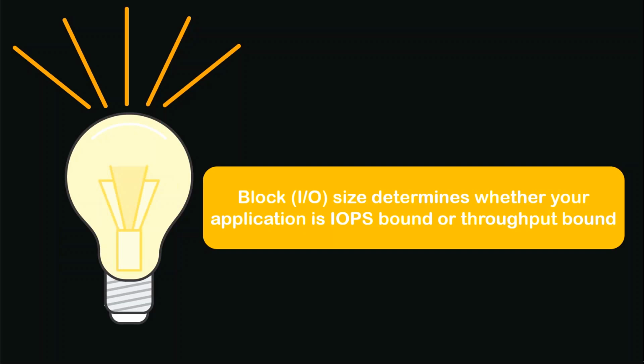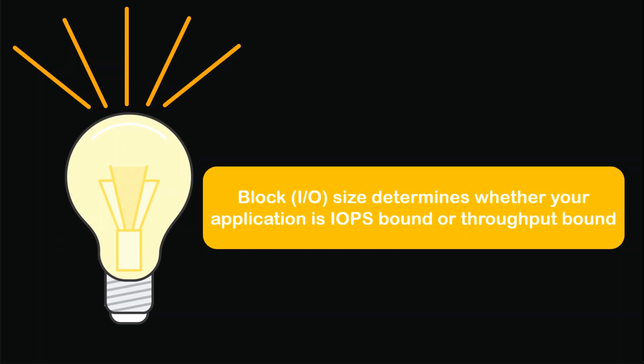Some of the best practices I'm going to show here in between. The block size determines whether your application is IOPS bound or throughput bound. So how do I know this block size? Typically what you do is you go and talk to your application developer and ask them how much data they are going to write to the database, or how much data they are going to read from the database or any storage at any given point of time.